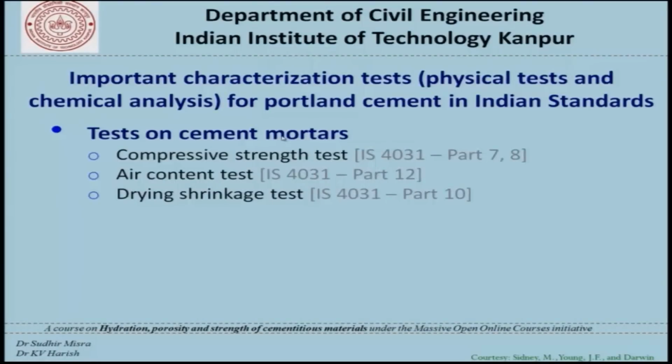Tests on cement mortars include compressive strength test, air content test, drying shrinkage test as per IS 4031 part 7, 8, 12 and 10 respectively. Characterization tests also indicate that a particular type of cement requires certain properties before being used for any application.